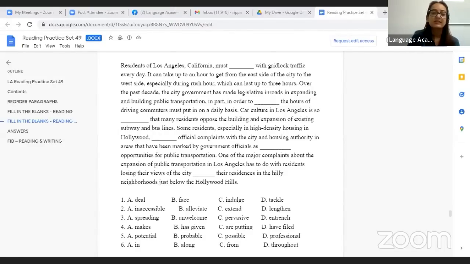Car culture is so spreading. The car culture is spreading so much, but for car culture, I don't think we can use the word spreading. Car culture is becoming more popular, gaining popularity, would be more formal than saying spreading. Yes, pervasive means common.